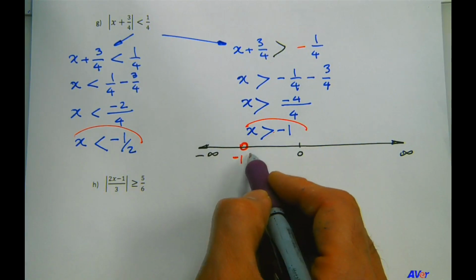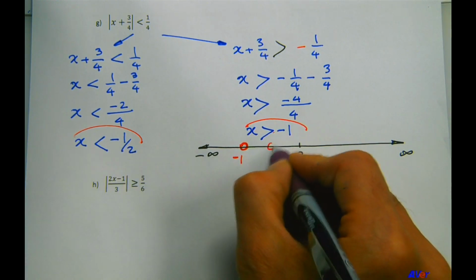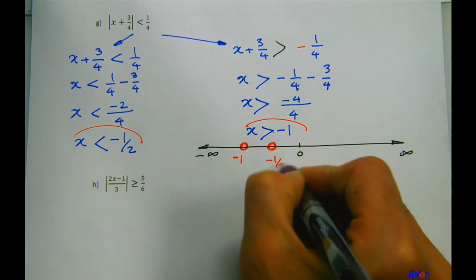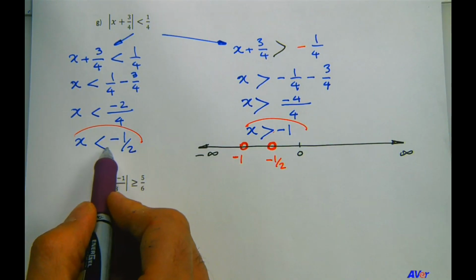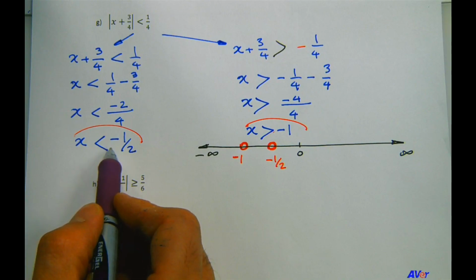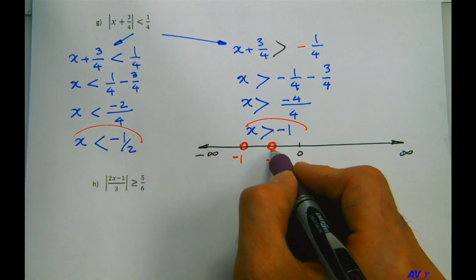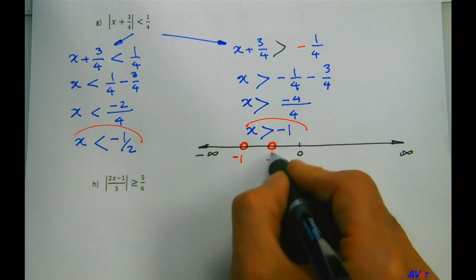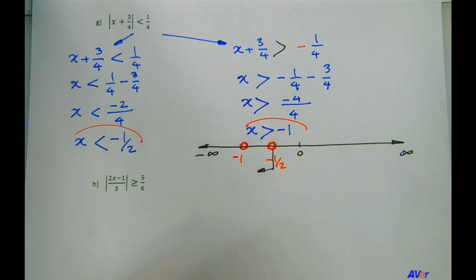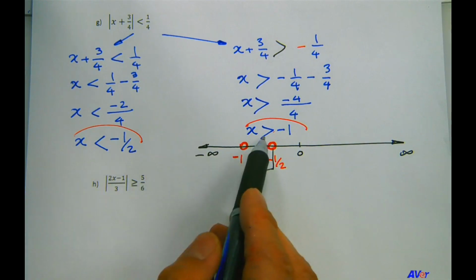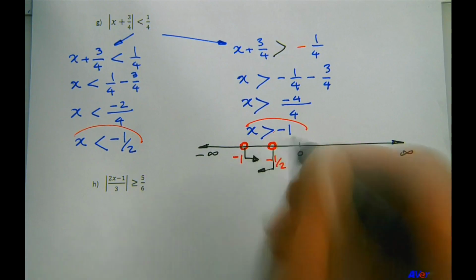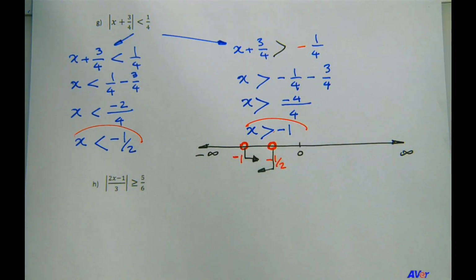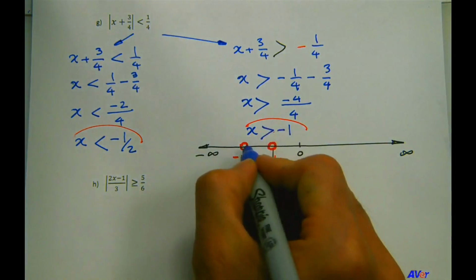So negative 1, and then negative 1/2 would be somewhere here. This solution is saying anything less than negative 1/2. That means go this way. That one says anything greater than negative 1, so it's saying go that way. Do they overlap? They do, right? So the overlapping piece becomes the final solution.